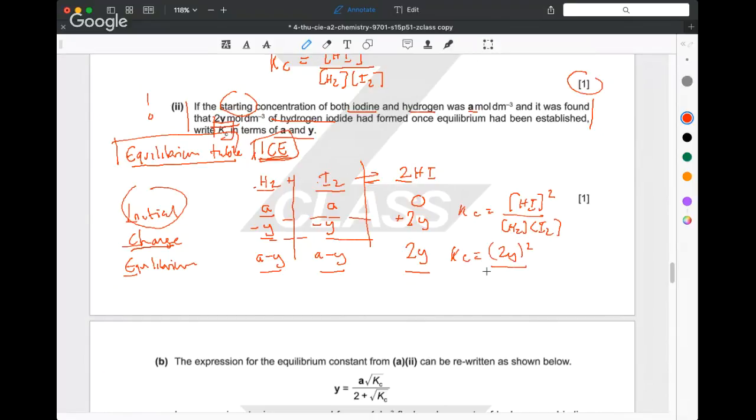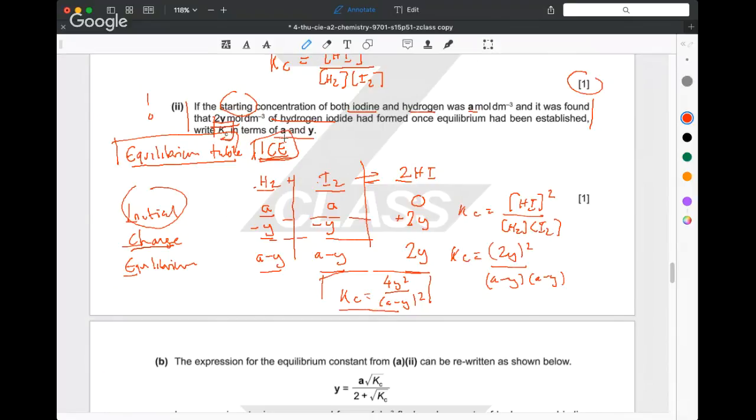And then divided by the hydrogen concentration, which is A minus Y, divided by the iodine concentration, which is A minus Y. And then you can clean that up a bit. So your value for Kc is 2Y squared, which is 4Y squared. And at the bottom, you've got A minus Y times A minus Y, which is A minus Y squared. And that's the formula that the examiner is looking for.